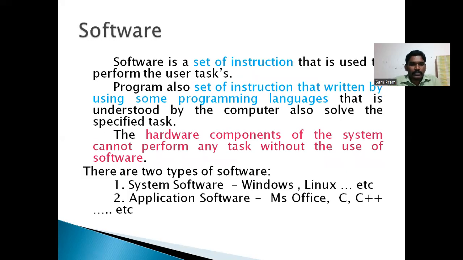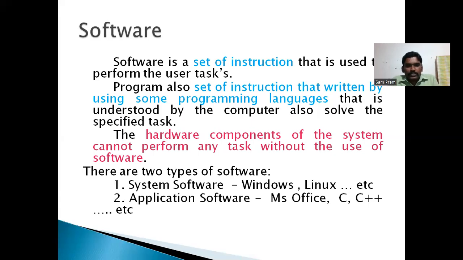So next one, software. Software is nothing but a set of instructions. These instructions are used to perform some specific task. In a program also, a set of instructions is written using some programming language that is understood by the computer to solve the specified task.